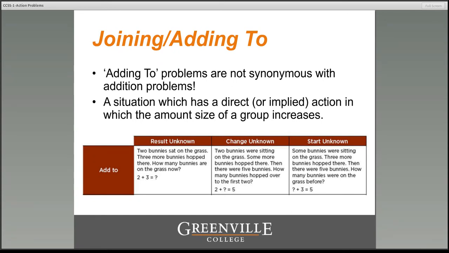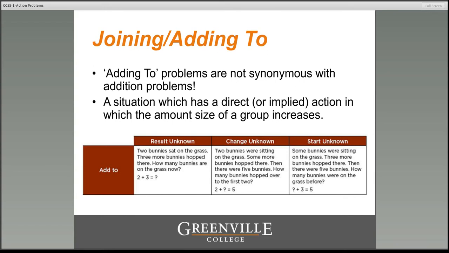So in that case, it's addition. But if you look at the change unknown and the start unknown problems, here we also have a plus sign, which indicates that the action in the problem is joining or adding to. But it results in a missing addend problem. And missing addend problems are typically associated by adults as subtraction.